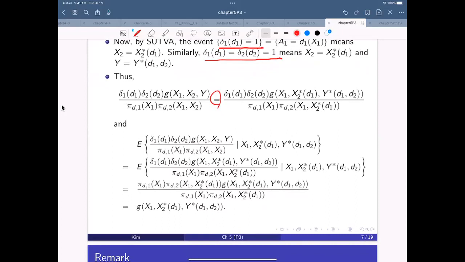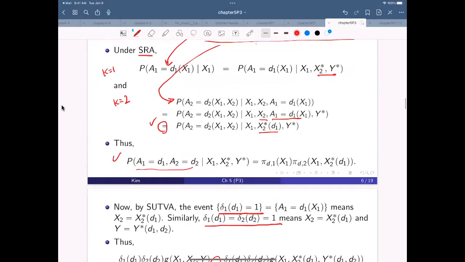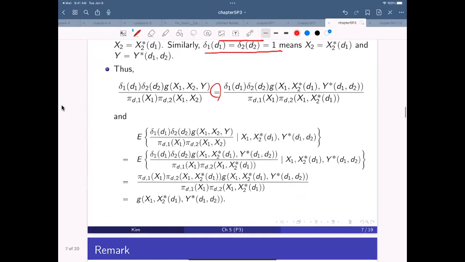So your expectation is about delta, which is your expectation about A. That gives you this pi d, because we already proved this one. So we now have cancellation. In order to get this cancellation, we need to have positivity, right?